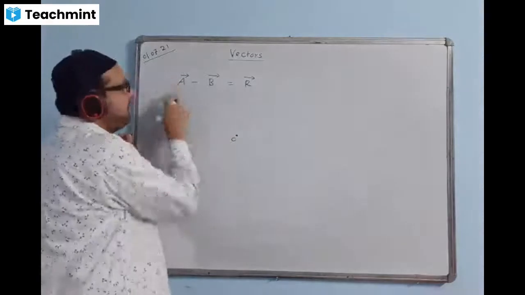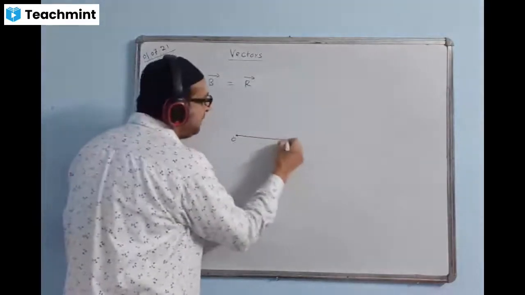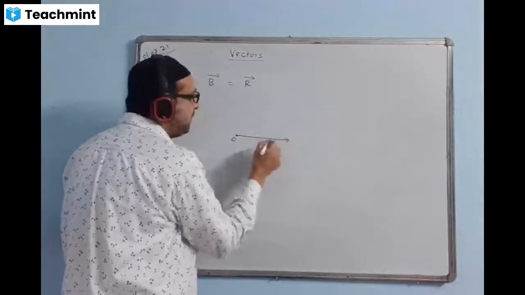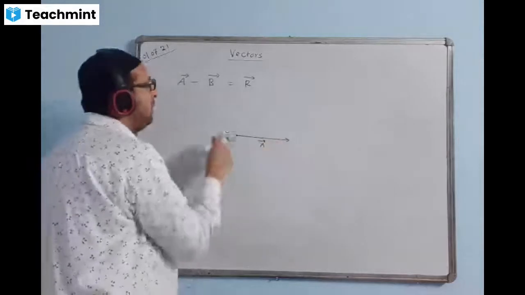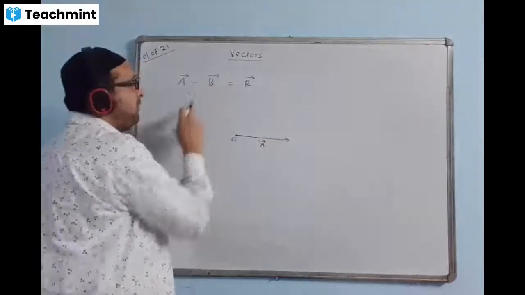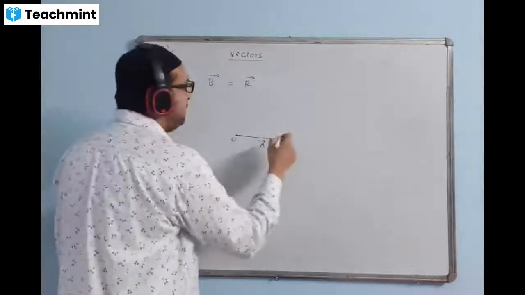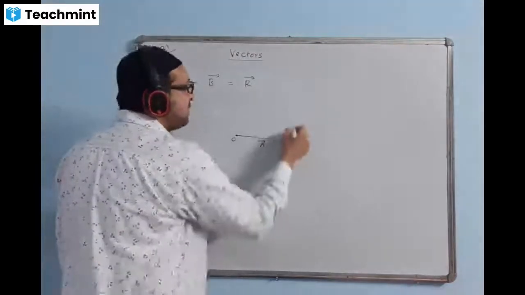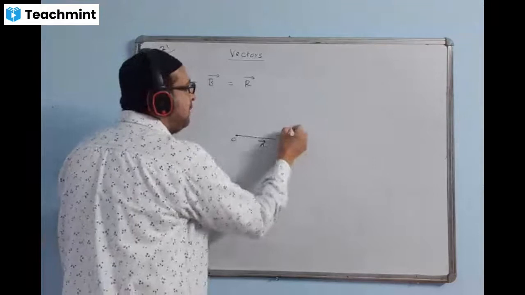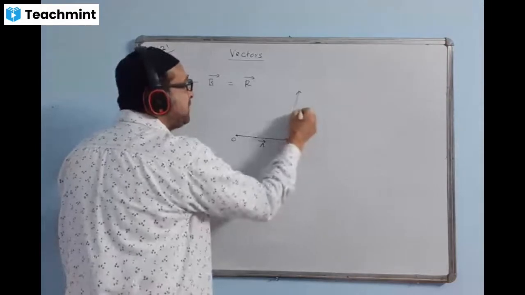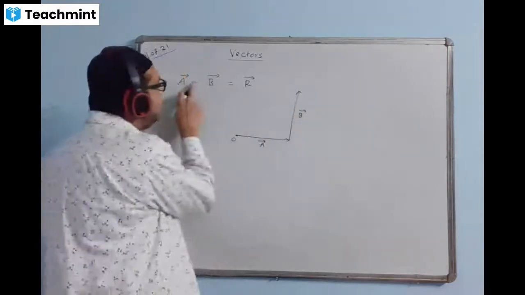A is positive, so vector A will be like this. Vector B, suppose, is like this. Then minus B is there.